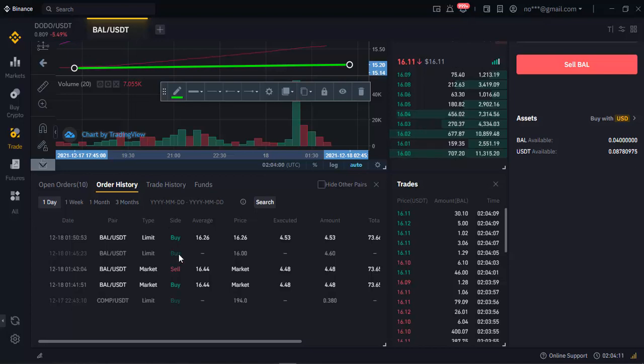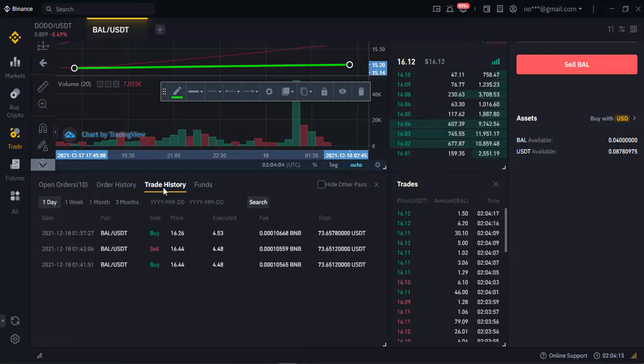Okay, this was cancelled. So let's click on the trade history. This is the trade history. We bought and we sold. So we made use of the market order type to buy, and also the market order type to sell.